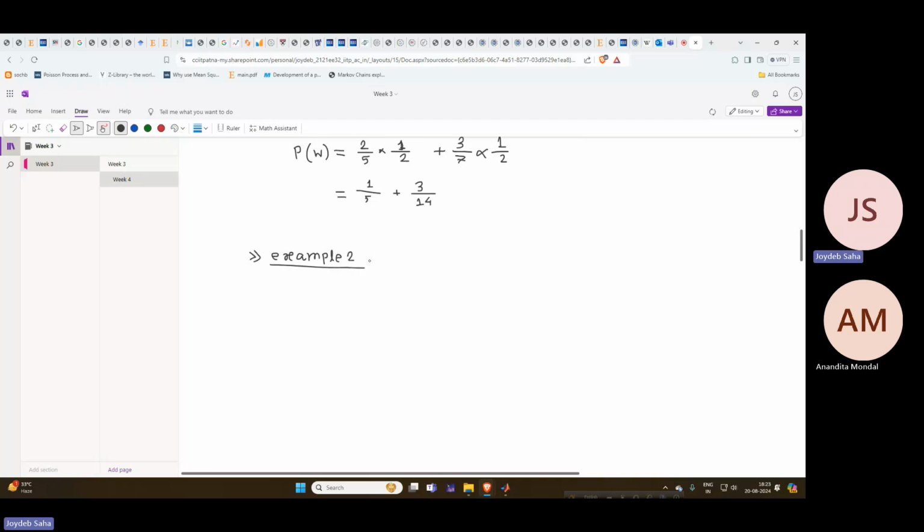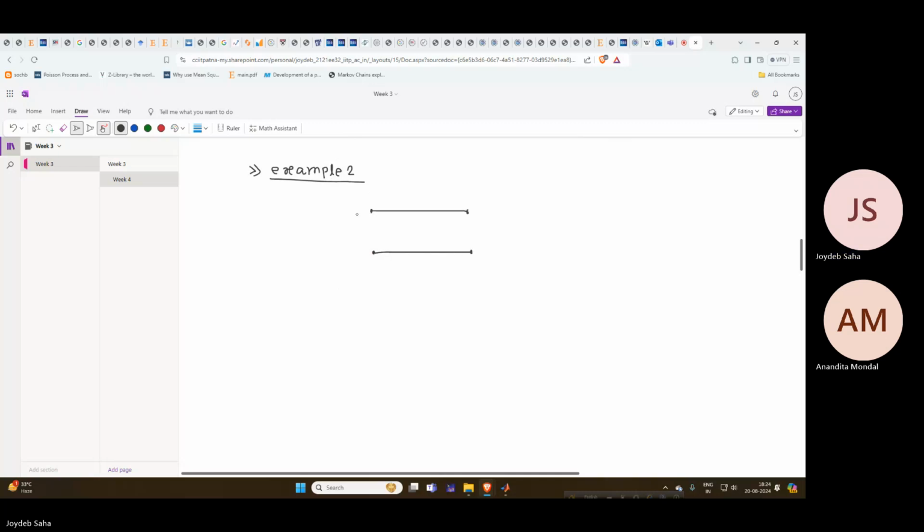Example 2. Let us draw a figure first. This is input X and output is Y. And let's say this is channel A, this is channel B. Now there are binary communication channels.